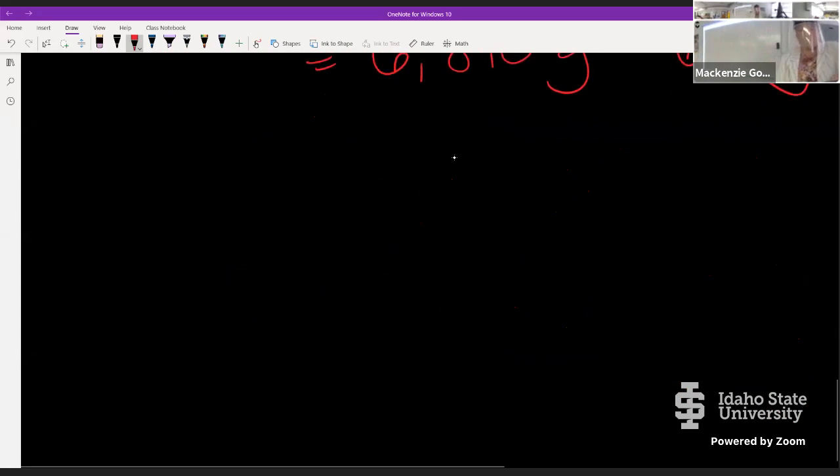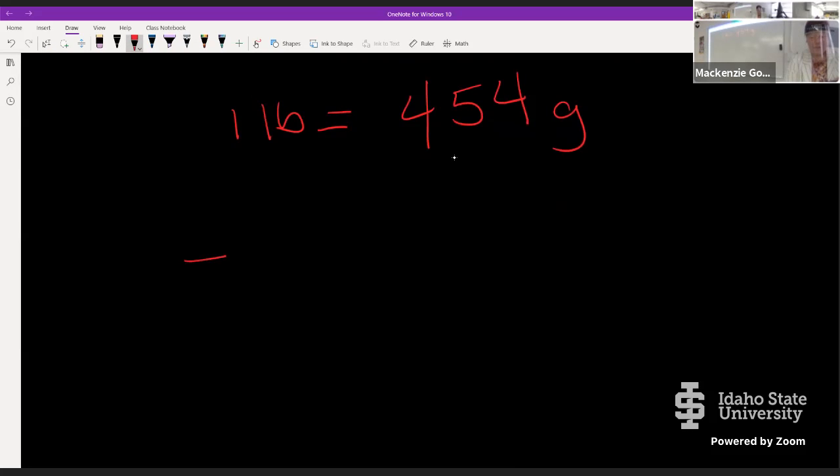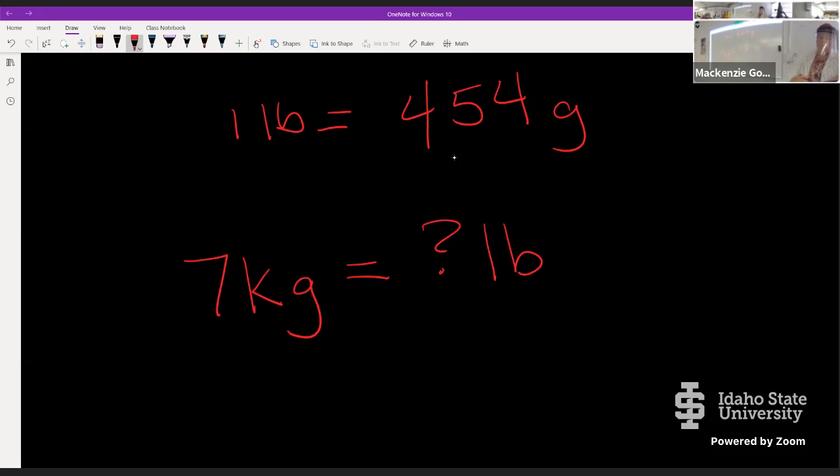So let's just do it as a problem. 1 pound equals 454 grams, right? So let's say that you have 7 kilograms. How many pounds is that? What do you have to do first?